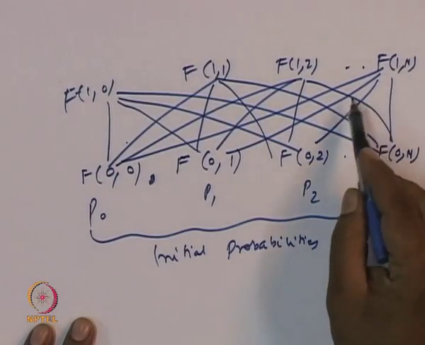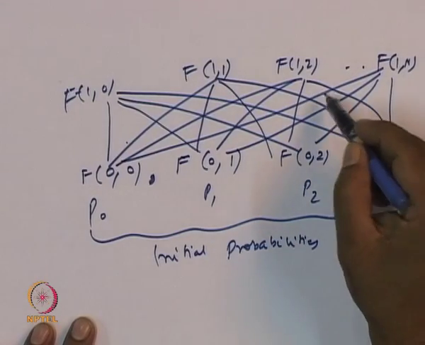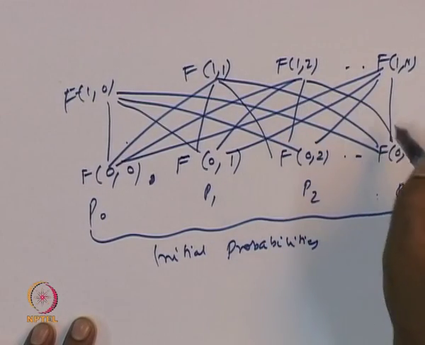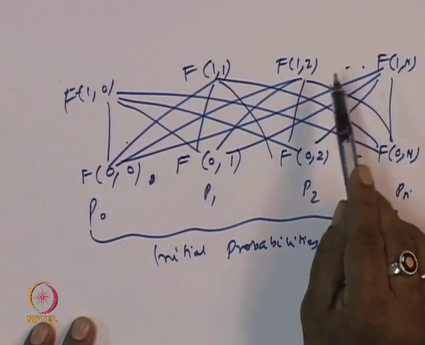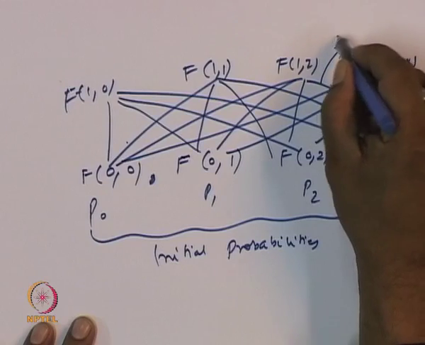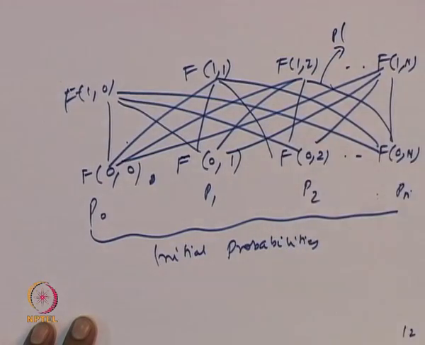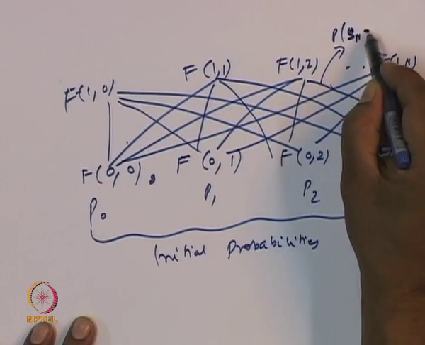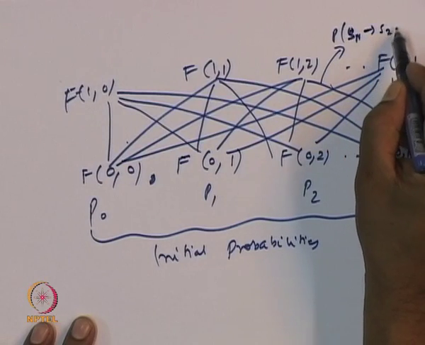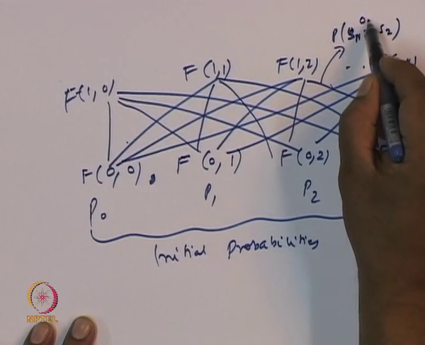We can see the probability on any arc here. The probability here, for example, would be p s n to s 2 on symbol O 1.